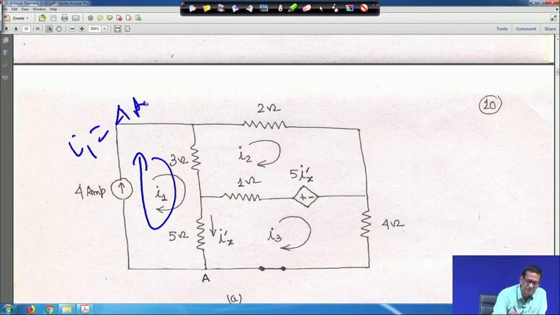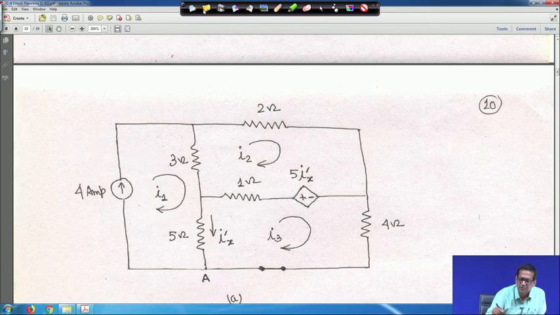So, I1 is equal to 4 ampere. The rest you can easily do by applying KVL and KCL also at this node, as I told you, and accordingly you can solve the circuit.